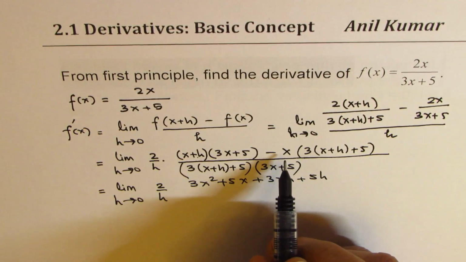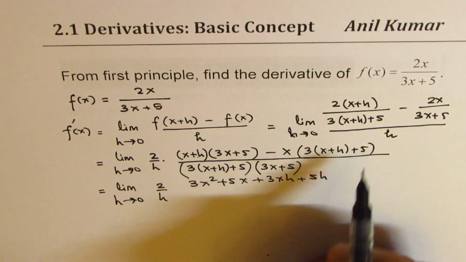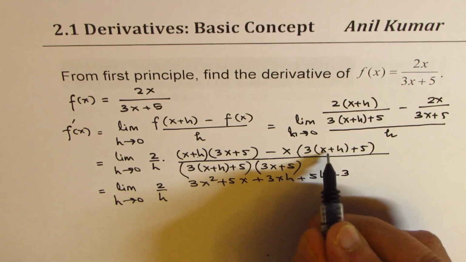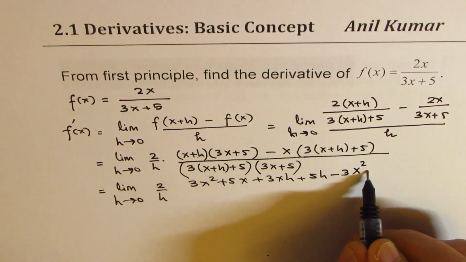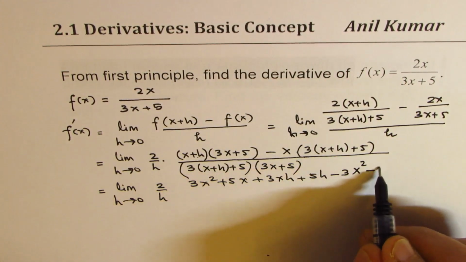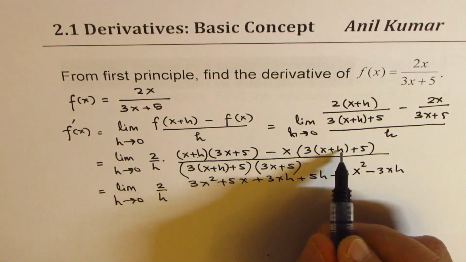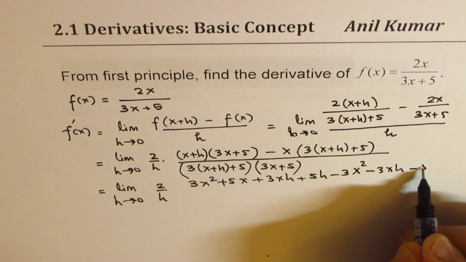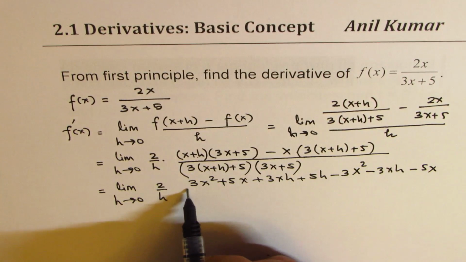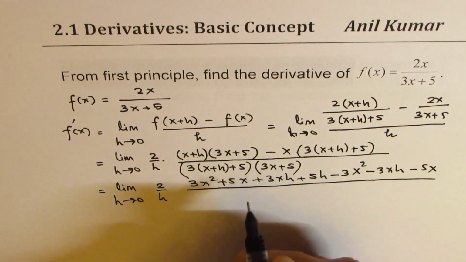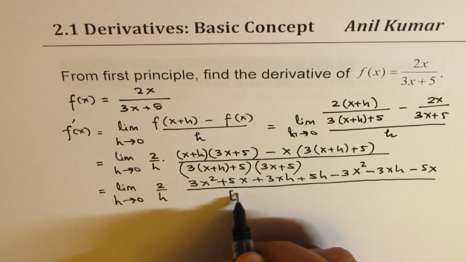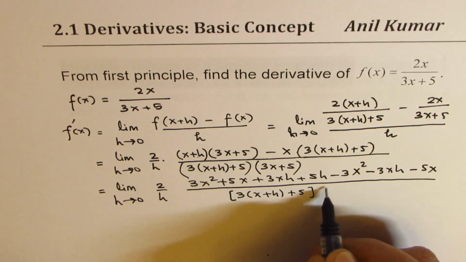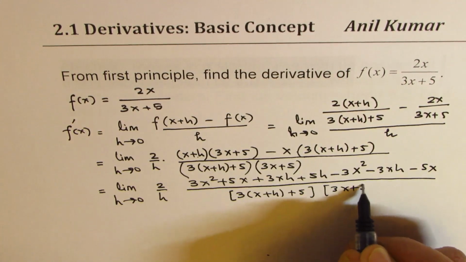And here we multiply x with all these terms, so all will be negative: minus 3x squared, then minus 3xh, and with 5 we get minus 5x, divided by the product of these two, which is 3 times x plus h plus 5, and the other term 3x plus 5.